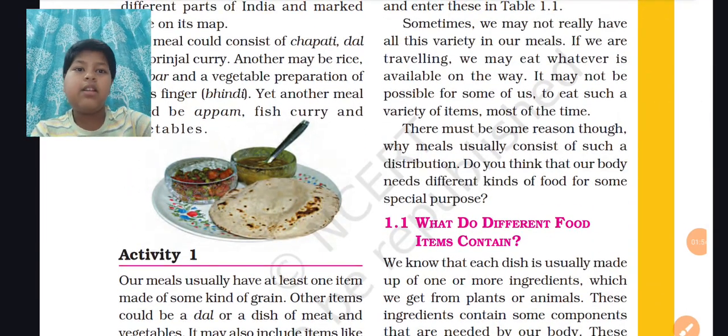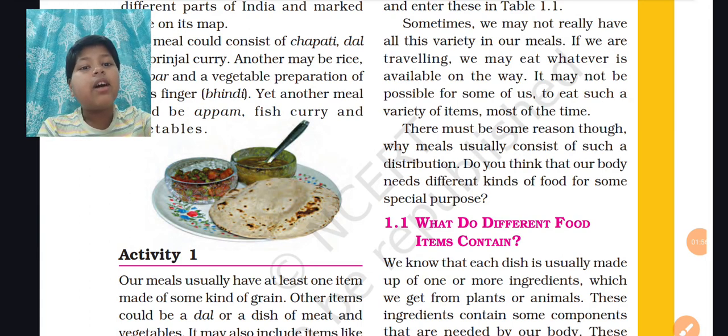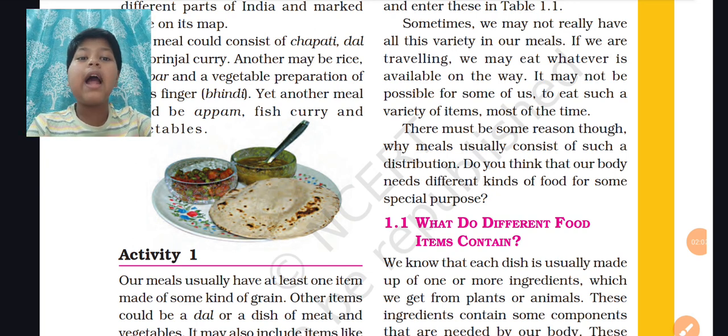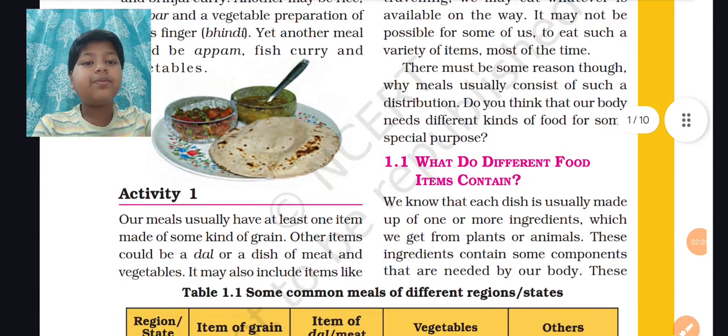That's common. So, in activity 1, our meals usually have at least one item made of some kind of grain. Other items could be a dal or a dish of meat and vegetables.